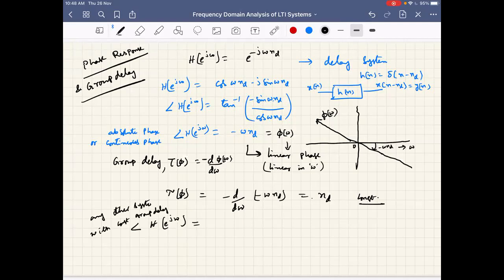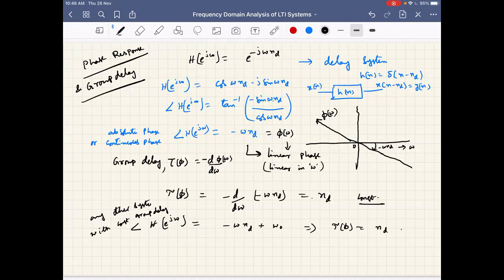Okay, can you define it? What we can see is minus omega nd plus some constant, if I put it. So if I put some omega naught, then what will happen? This implies the same for this as well. Tau of omega is equal to what? For a constant it is anyway 0, and nd. So this is also fine.